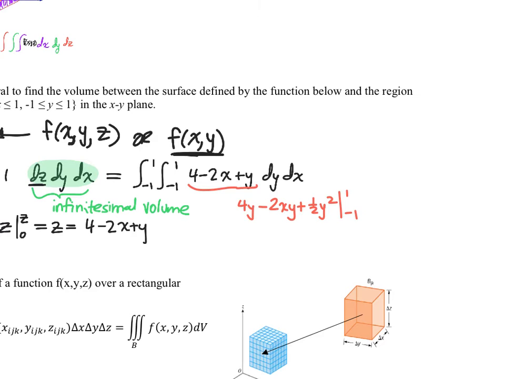I'm going to do a little plugging and chugging. We're plugging in for y. So 4 minus 2x plus 1/2 minus -4 plus 2x minus 1/2. So 8 minus 4x, and then that would be plus 1. So 9 minus 4x.